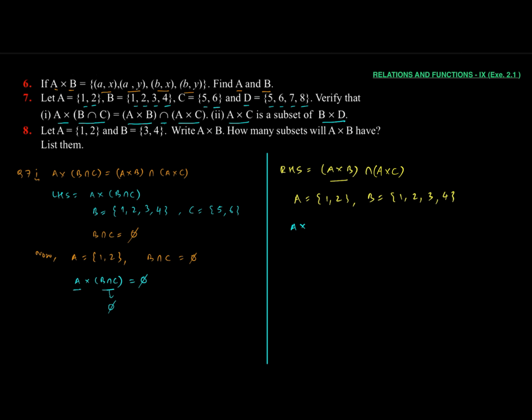A cross B will have elements in the form of ordered pairs such that the first element of each ordered pair will belong to set A and the second element of each ordered pair will belong to set B. So here the first element will be (1, 1), the second element (1, 2), the third element (1, 3), the fourth element (1, 4).